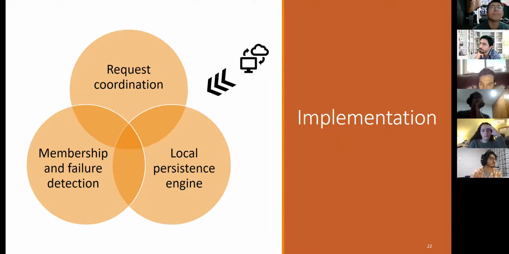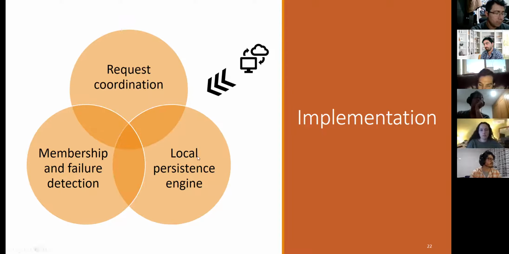So we also have here the implementation of Dynamo. This is a little diagram of the request coordination, which shows how the nodes behave inside the system, knowing when a node is available for more tokens, or when one node is struggling to find information or handle the load balance by itself.